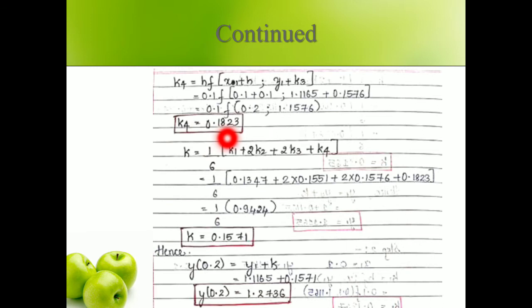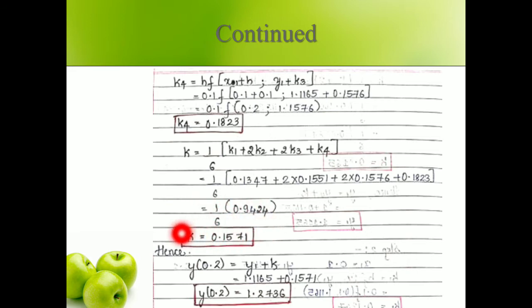0.1823. Now find k, that is 1/6 of k1 plus 2 times k2 plus 2 times k3 plus k4. Substituting the k1, k2, k3, k4 values in the above formula, we get k as 0.1571.